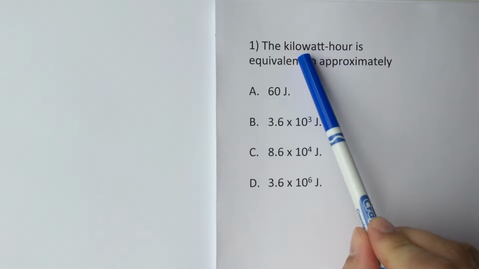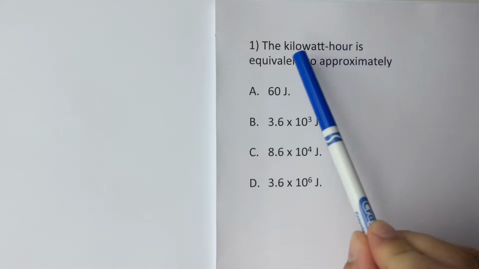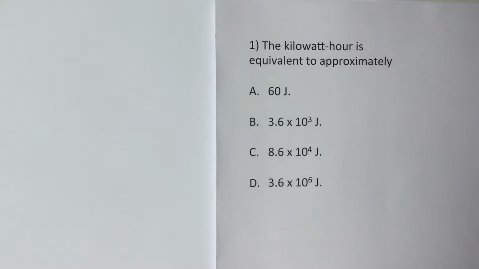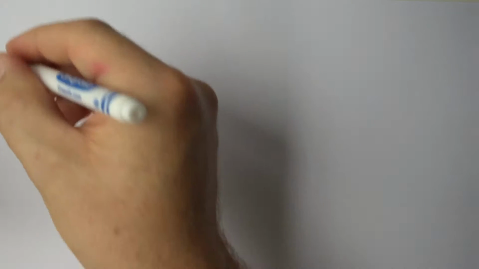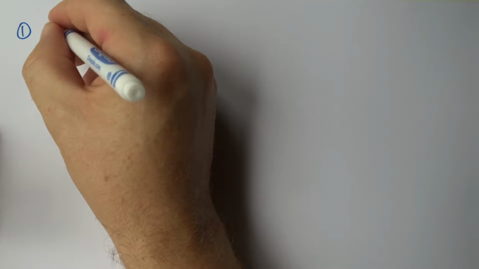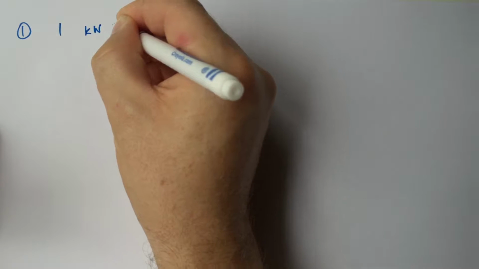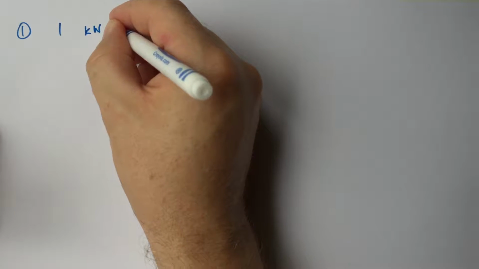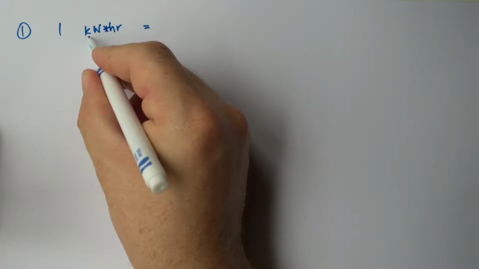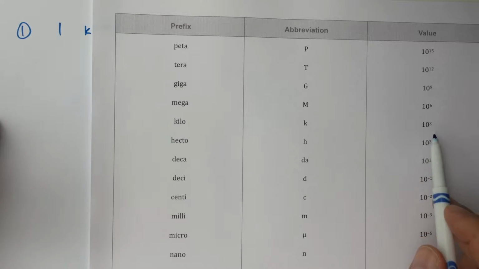first into SI standard units by going from the kilowatt hour, that's like 1 kilowatt hour. How many kilowatt seconds is that? So let's get going with that. Might start out with this idea that 1 kilowatt hour is exactly equal to, well, a kilo stands for 10 to the positive 3.